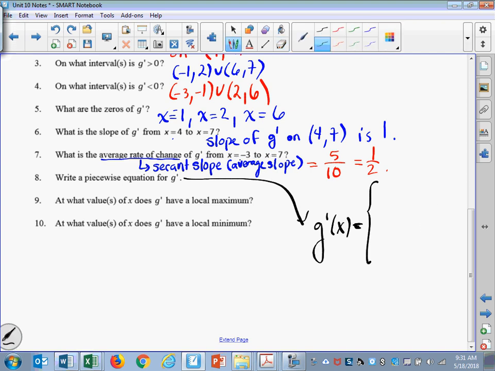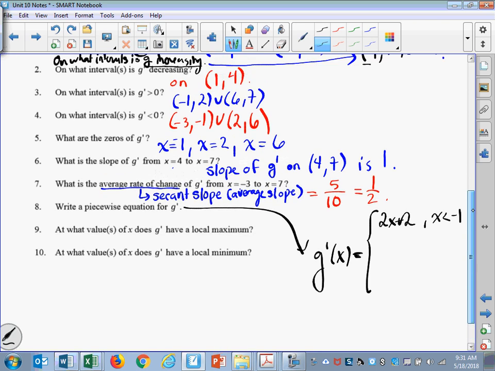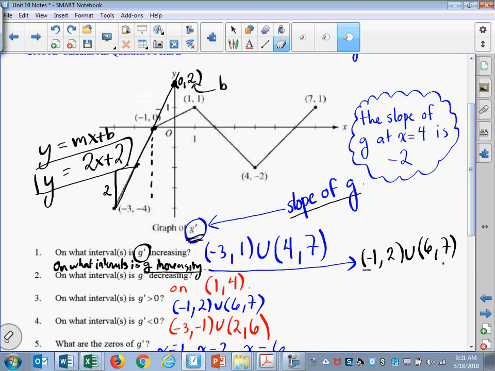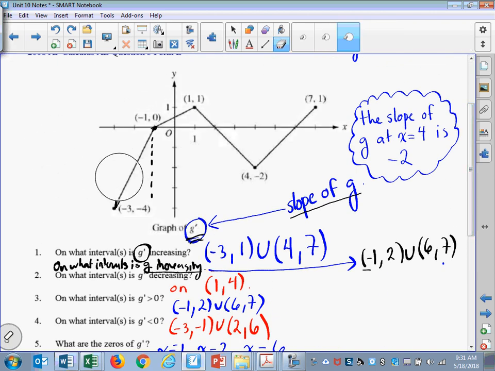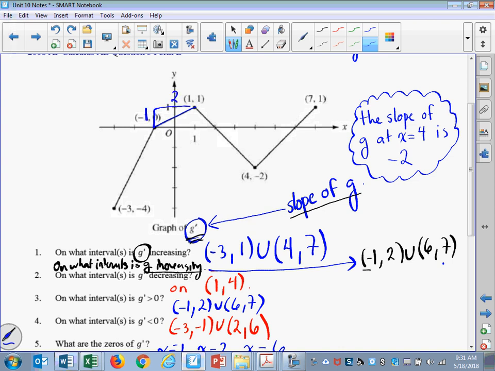Okay, let's find the next piece. The next piece is this piece right here. The slope for this one is rise up 1 to the right 2. So the slope is 1/2, and the y-intercept is 1/2. Do you see where it crosses there? So we want y equals mx plus b. The slope is 1/2 and the y-intercept is 1/2, so we want 1/2 x plus 1/2.